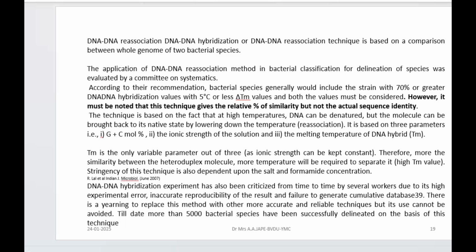So once the DNA is denatured, that is molten, the two strands are separated, and the two strands are obtained from one isolate, and another two strands isolated from another isolate, that is bacteria 2. If you mix the separated, molten DNA strands obtained from two different isolates, what would happen?